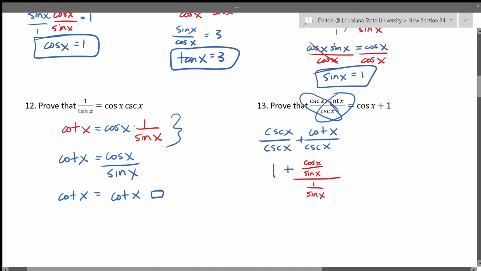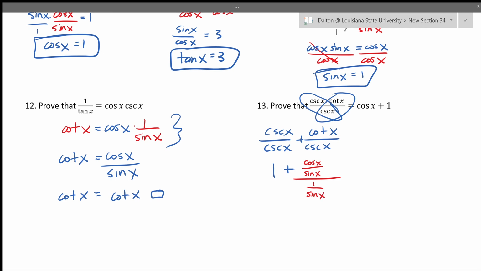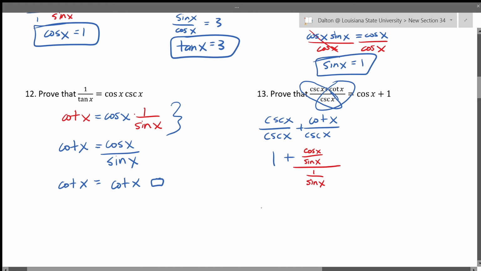The reason for doing that is I knew that both of those had a relation to sine. So then what I can do is this will be 1 plus, I can rewrite this stacked fraction as a fraction multiplied by the reciprocal. So cosine x over sine x times the reciprocal will be sine x over 1.